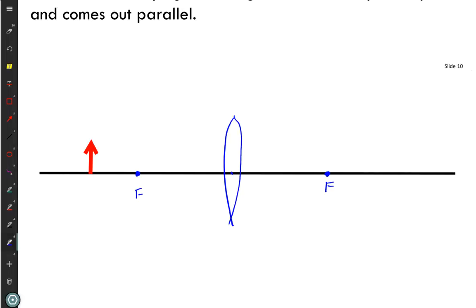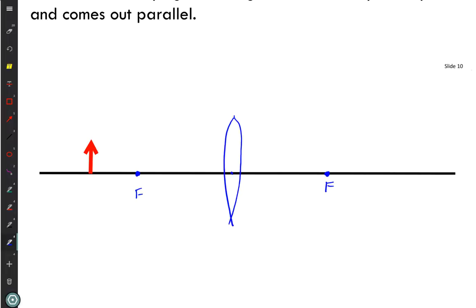So now the question is, is this object going to form an image? And if it does form an image, will it be a real image, one where the rays actually meet, or a virtual image, one where the extrapolations of the rays meet, but they didn't actually meet? Will it be an upright image, where it's pointing the same direction as my initial one, or will it be inverted, pointing the opposite direction?